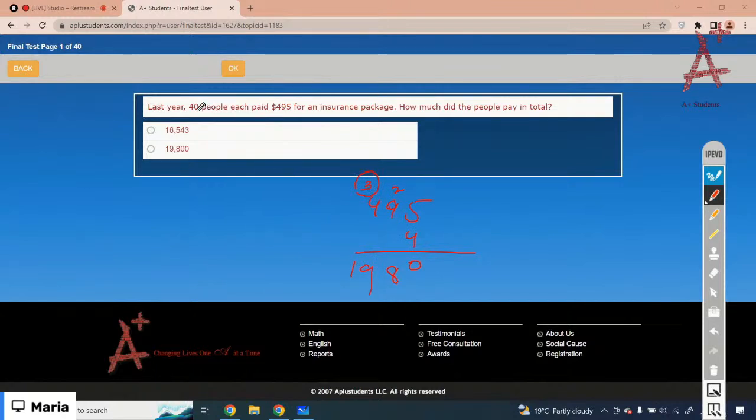And here you have a 0, so add a 0 to the end. So it would be 19,800. When you multiply, that makes 19,800. So the correct option is 19,800.